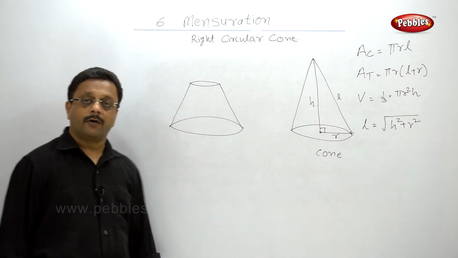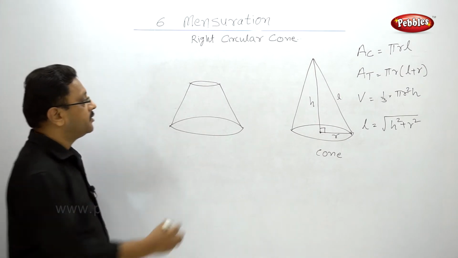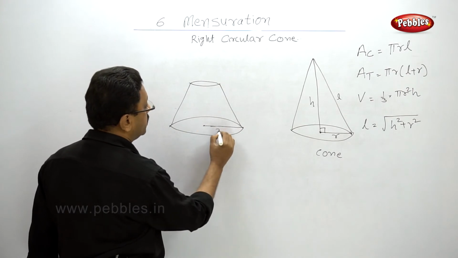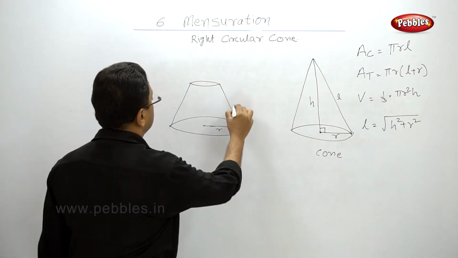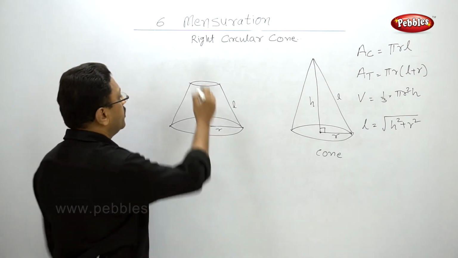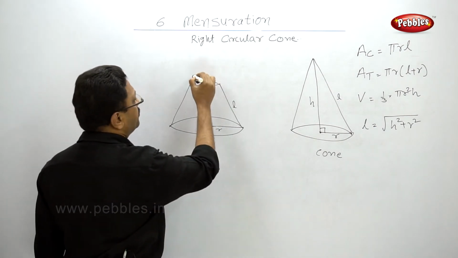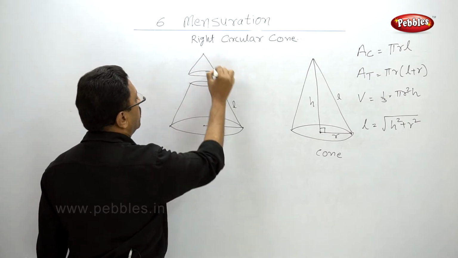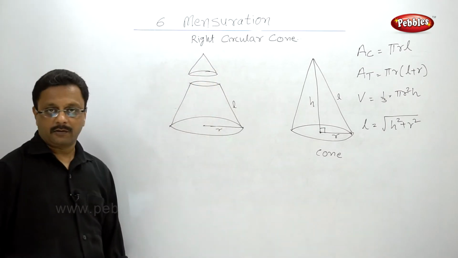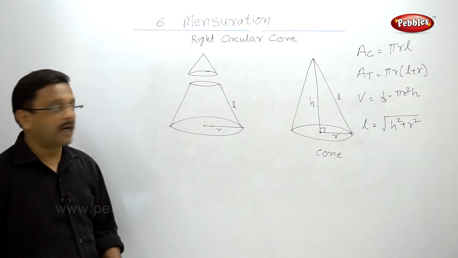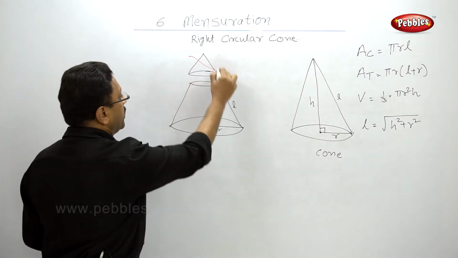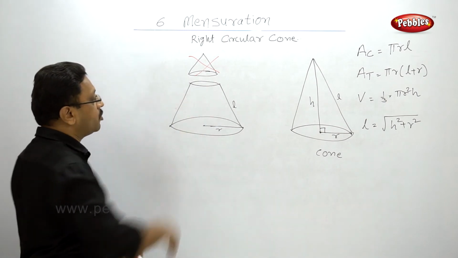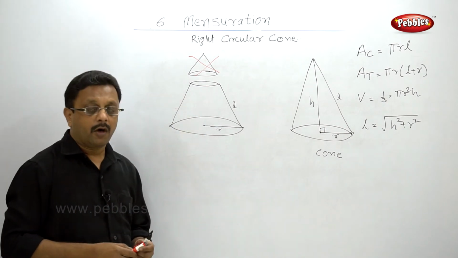We'll get a solid block or figure something like this, where radius is R, this is the slant height, and one cap-like part we will get. This part we are actually cutting off from the cone. So this remaining part is called the frustum of a cone.